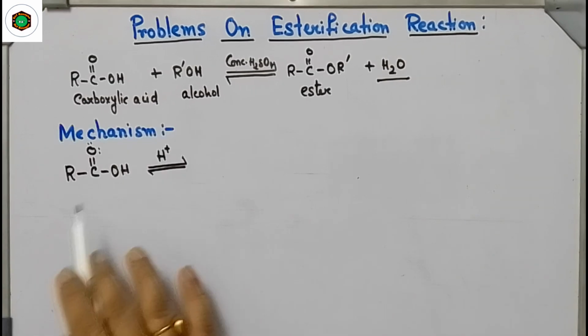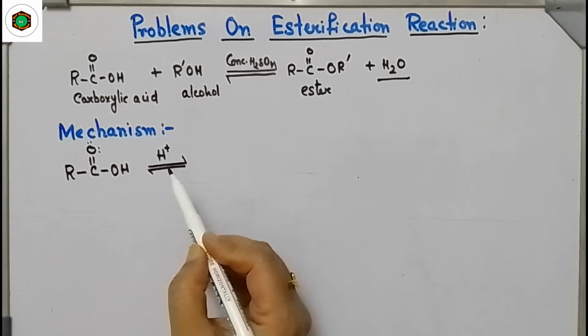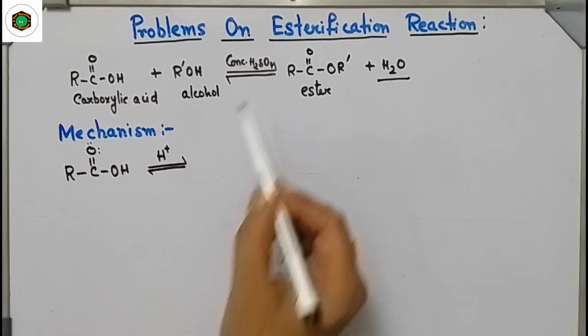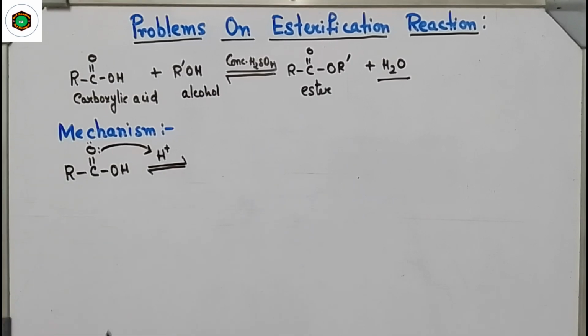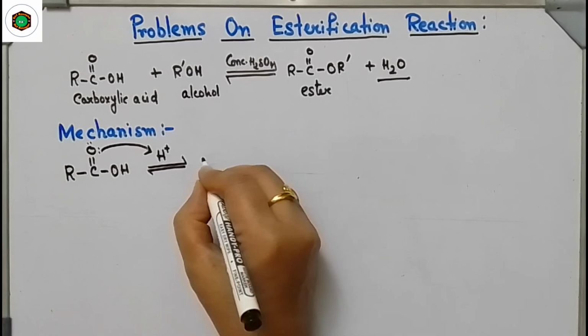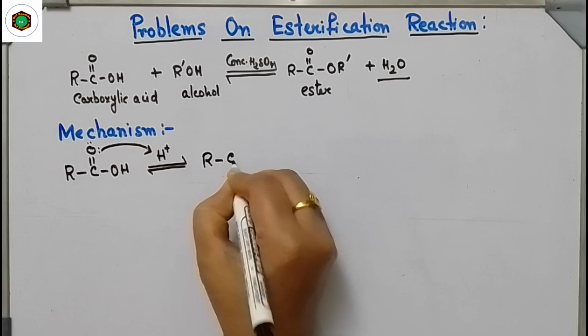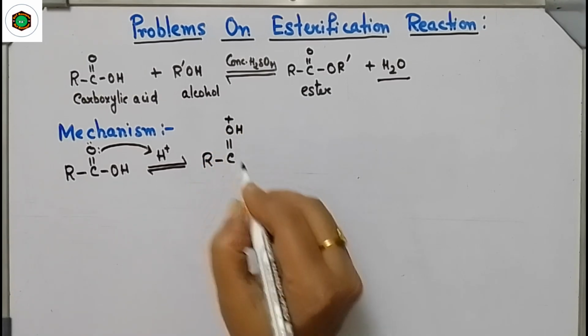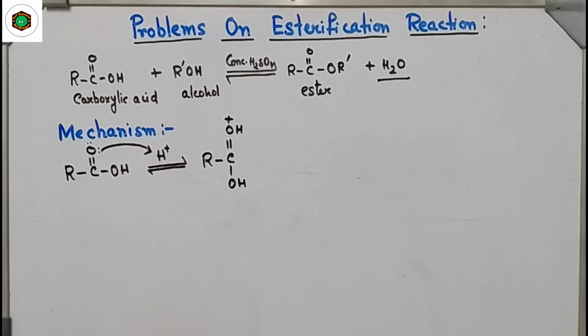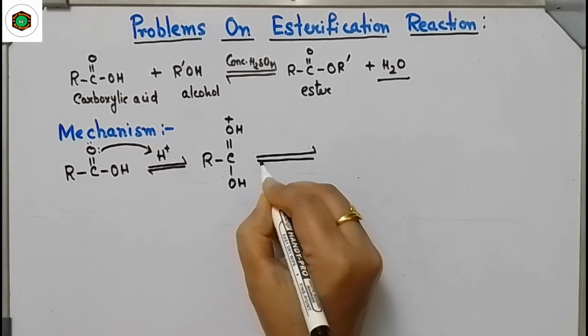Now mechanism. Now see, this H+ we are getting from concentrated sulfuric acid. Here lone pair of oxygen will be donated to H+ and we will get protonated carboxylic acid. After that what will happen?